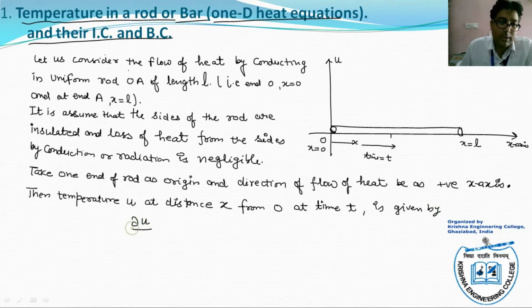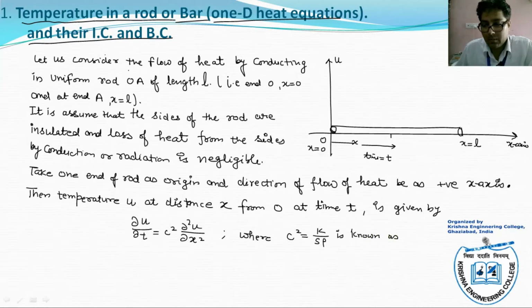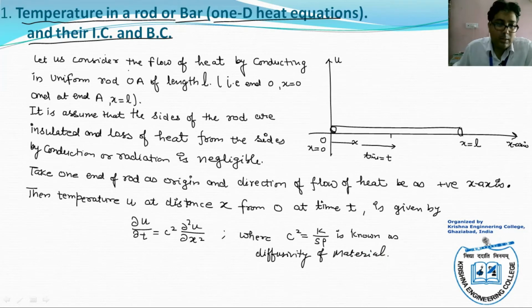del U over del t is equal to c square del square U over del x square, where c square is equal to k upon s rho, is known as diffusibility of material. Clear?